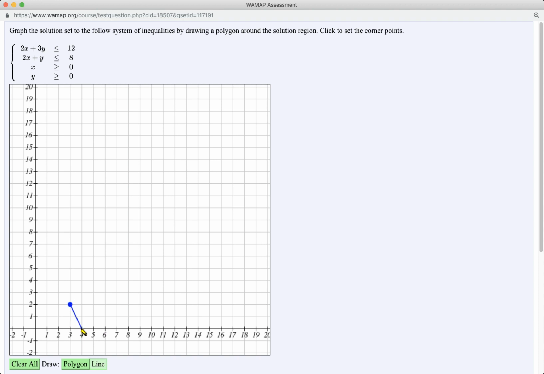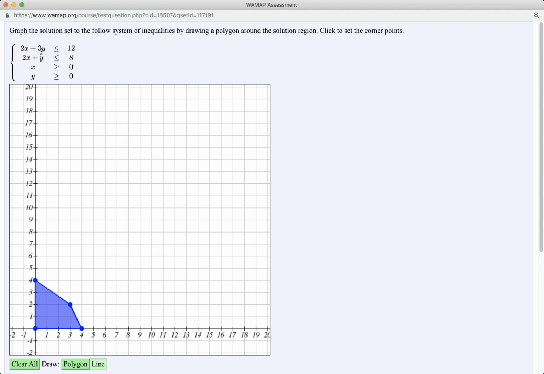We knew that (4, 0) was one of the corner points. We knew that (0, 0) was another corner point. We knew that (0, 4) was a corner point. And we knew that we would have to connect that back to the intersection point (3, 2). So when I click, there is the polygon region that satisfies the solution set to this system of equations.